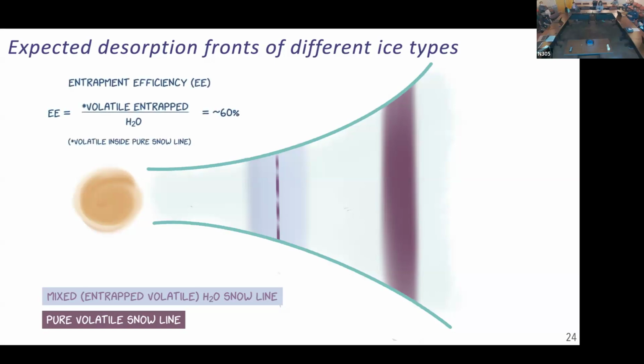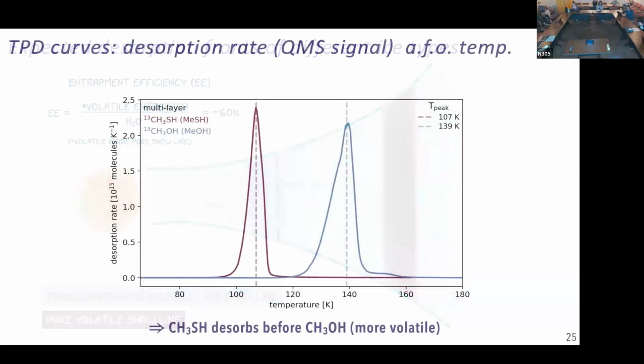What we quantify here in lab terms is entrapment efficiency, and that's the percent of volatile entrapped over the total amount of H2O that's inside. And that's about 60% pretty consistently for all hypervolatiles. So molecules are effectively entrapped in water matrices, and that shifts the snowline inward.